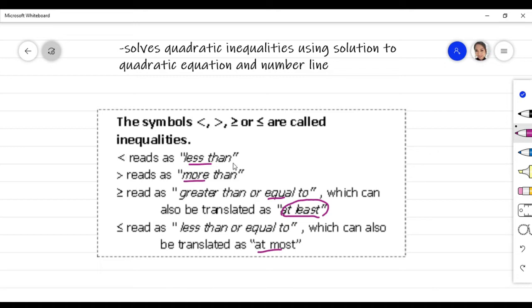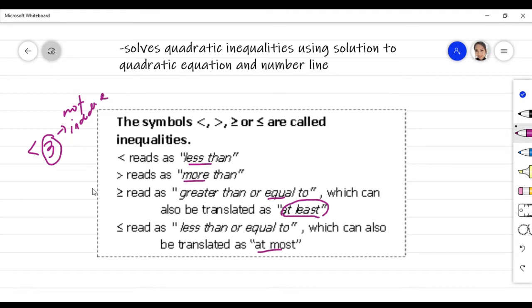So for example, less than 3. These are the numbers that move to the left of 3, but 3 is not included. So it could be 2.5, 2.25, 2, 0, -1, and so on. But 3 is not included.